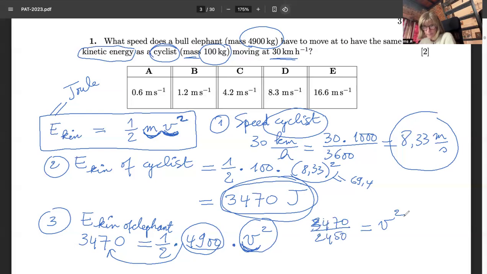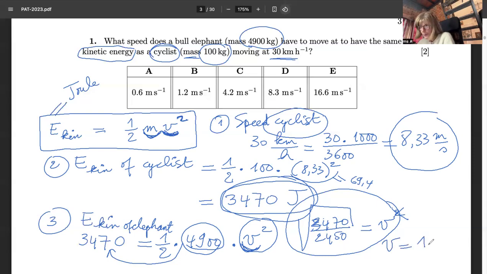And then my next step is, of course, this. I hope you agree. I will calculate this and I will have the speed of the elephant. And finally, I found the speed of the elephant is 1.19 meters per second. This is what I found.